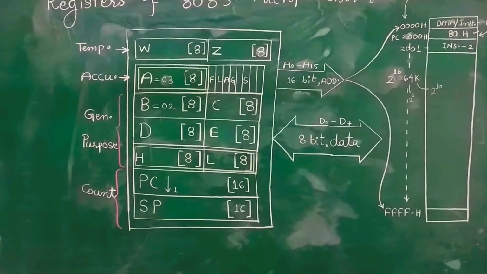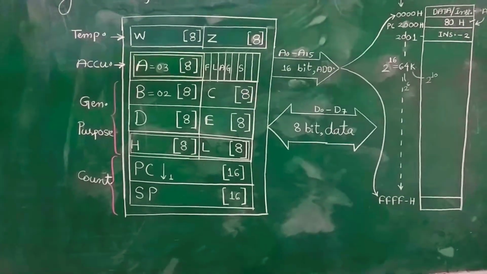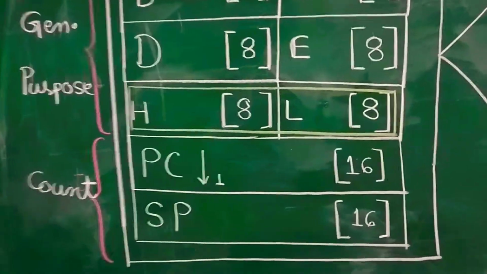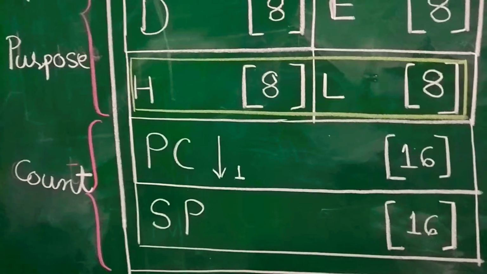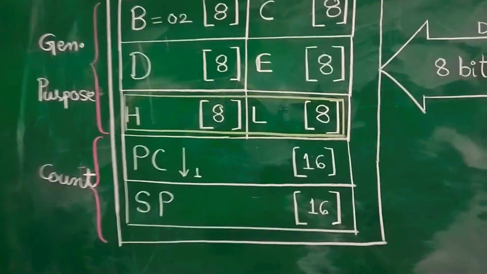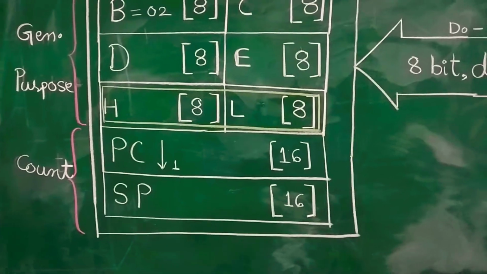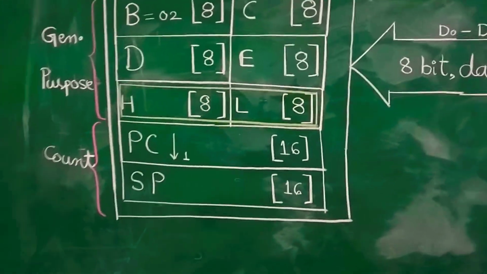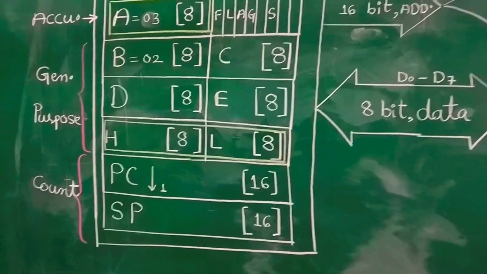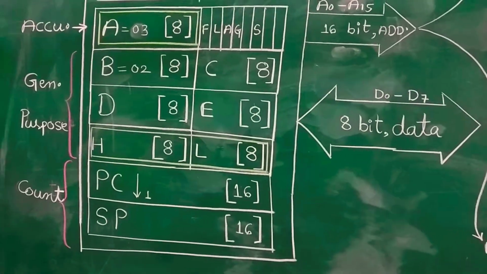Thus, the PC is very important, as we have already explained everything about the program counter. Now coming to the last register, which is SP, stack pointer. Again, it is also pointing out the memory, but stack pointer is used when we require large data which are to be processed by the microprocessor.